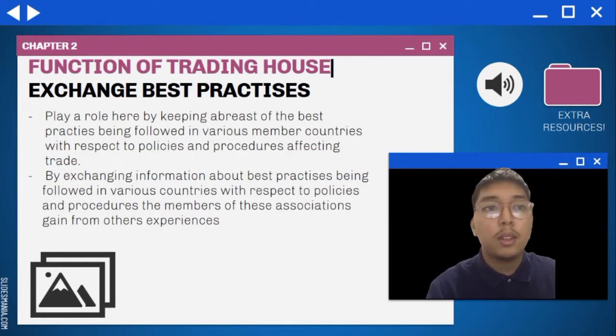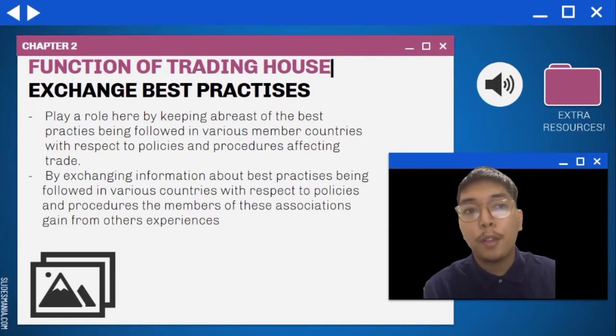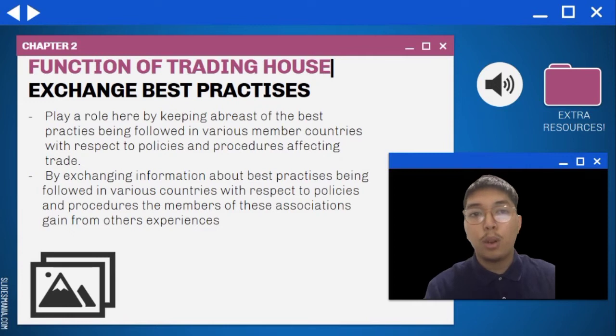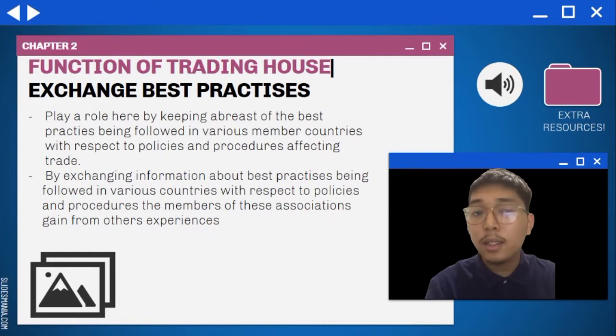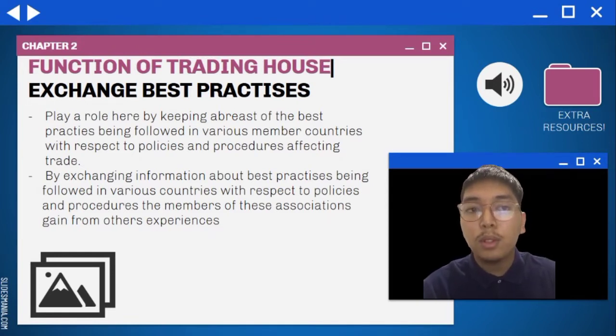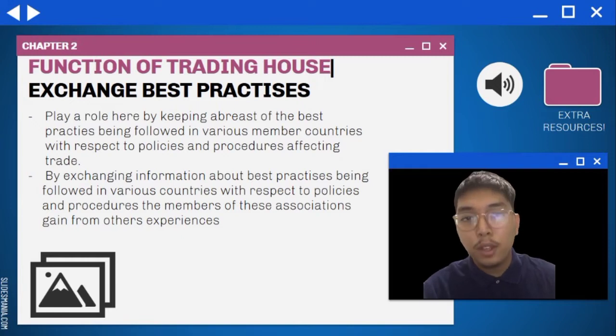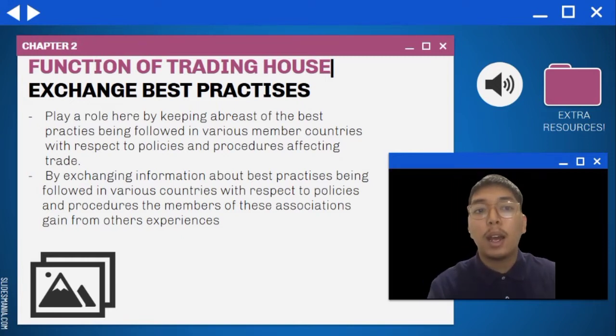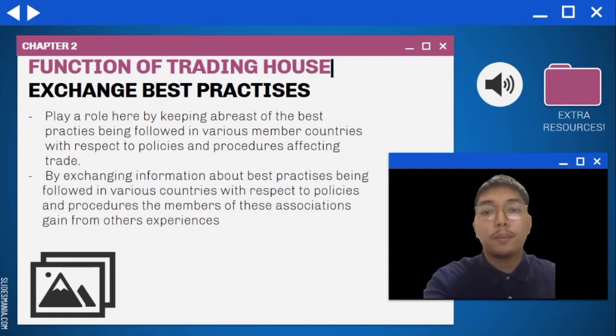The trading house plays a role here by keeping abreast of the best practices being followed in various member countries with respect to policies and procedures affecting trade. By exchanging information about best practices being followed in various countries, the members of this association gain from other experiences.